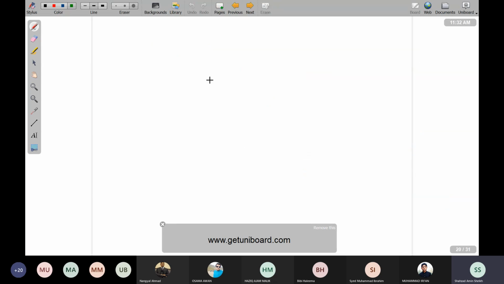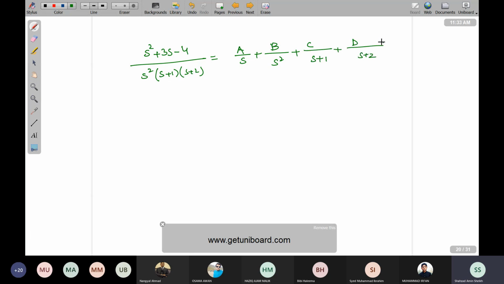And ultimately you will be solving it with the partial fractions, that would be s square plus 3s minus 4, और जो characteristic polynomial है that would be changed into s plus 1 and s plus 2 terms, and of course rest you know, कोई मसले वाली बात नहीं है. a over s plus b over s square plus c over s plus 1 plus d over s plus 2, something like that. और अगर आप इसको solve करें तो you will be getting it is 9 over 2s, b is equal to minus 2 over s square plus minus 6 over s plus 1 plus 3 over 2 over s plus 2.